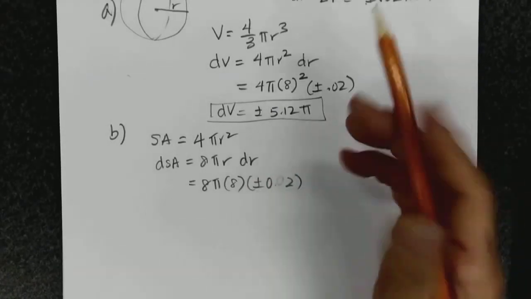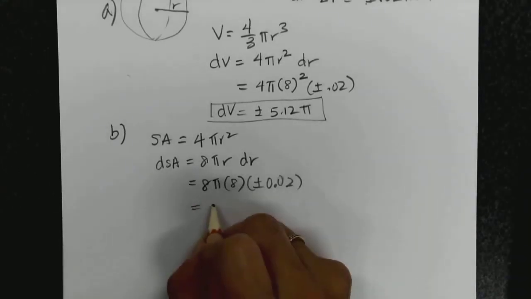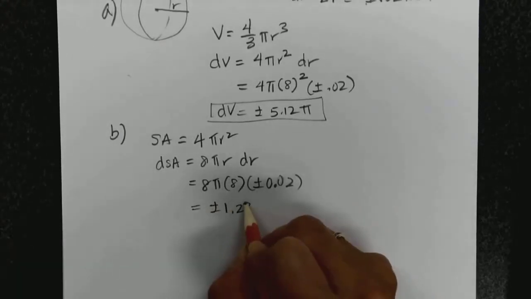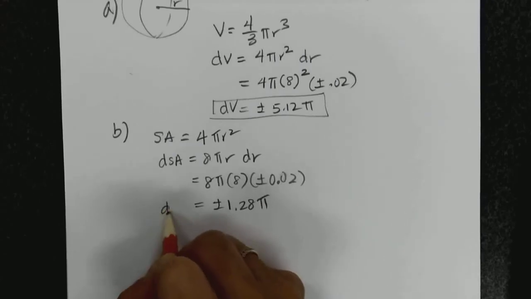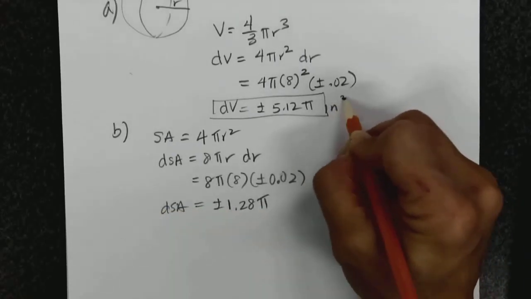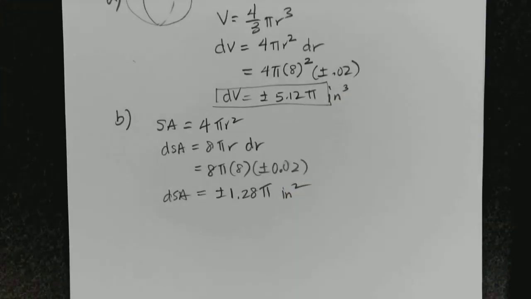So 64 times 0.02 is 1.28. So plus or minus 1.28 pi. So this was inches cubed, and this is inches squared. Am I correct in units?